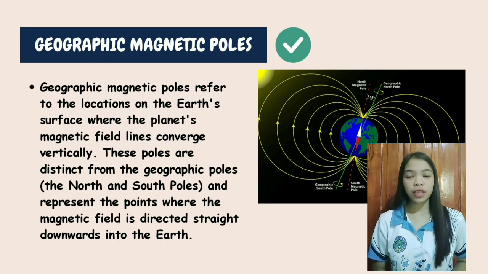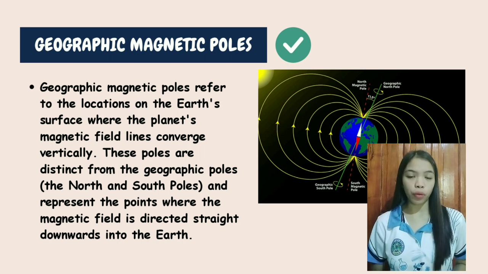Now let's proceed to geographic magnetic poles. It refers to the locations on the Earth's surface where the planet's magnetic field lines converge vertically. These poles are distinct from the geographic poles and represent the points where the magnetic field is directed straight downwards into the Earth.